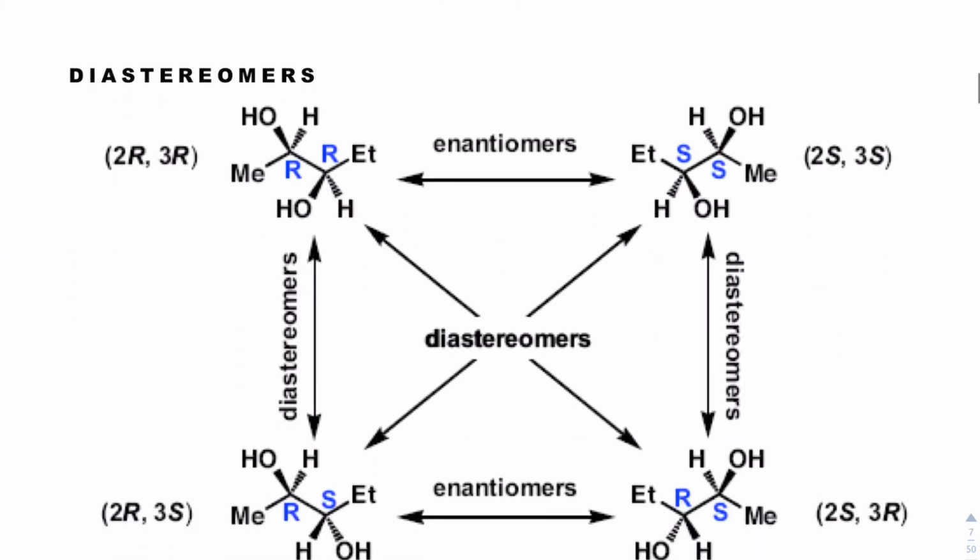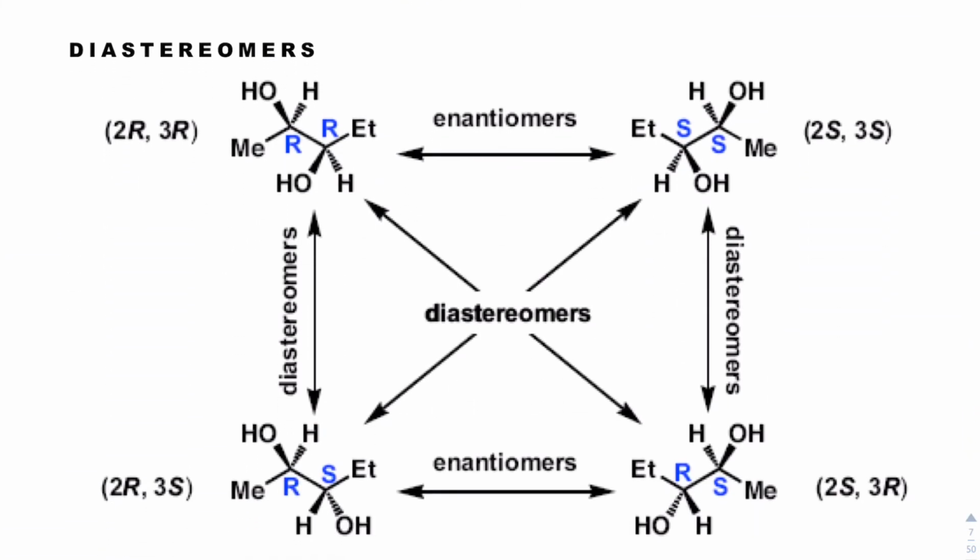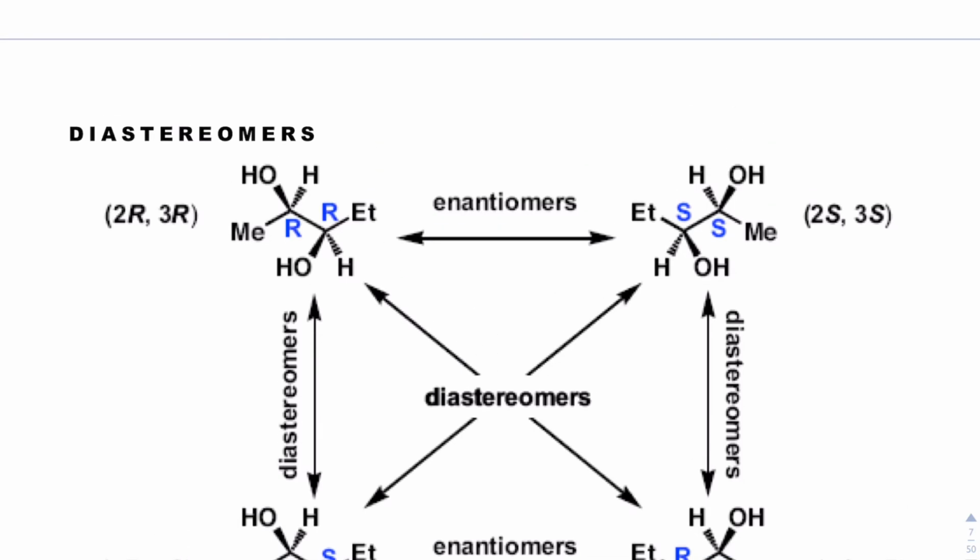Okay, now diastereomers. Diastereomers are going to be a compound where at least one stereocenter is flipped, and I'll talk about what that means in just a second, but not all.